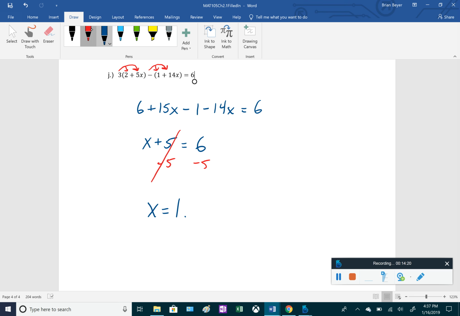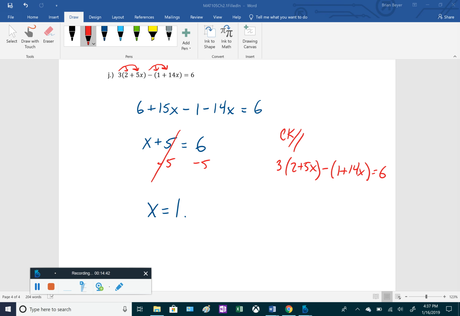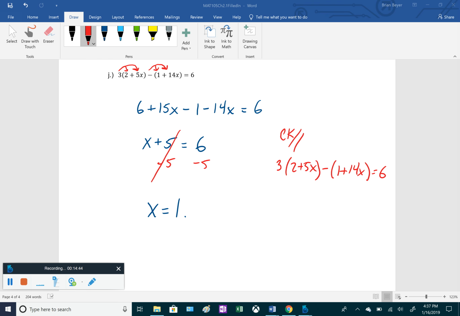I'm just going to check this one just to end with one that we're checking on. So we had 3 times 2 plus 5x minus 1 plus 14x equals 6. So let's plug in a 1. Make sure we get a true statement.